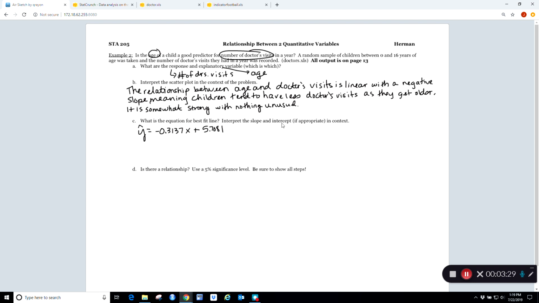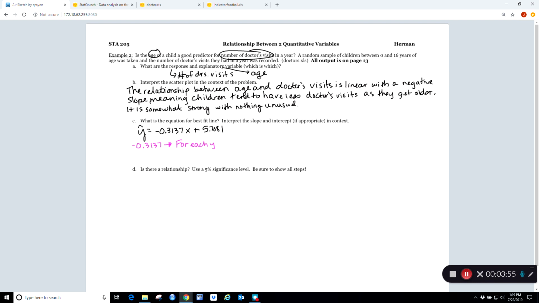So then we're going to interpret the slope always, and the intercept if appropriate. So let's go through the slope first. That's our negative 0.3137. Alright, so remember what slope is measuring. As x gets bigger by 1, that means our child is going to get a year older.